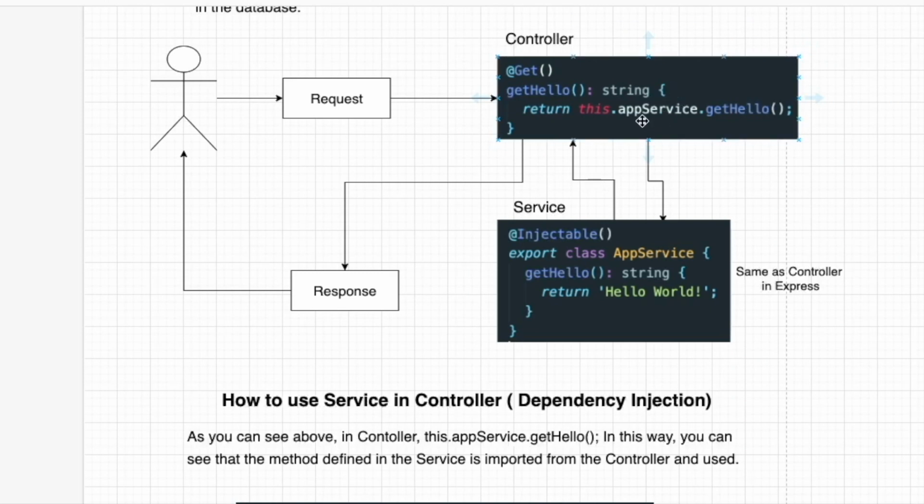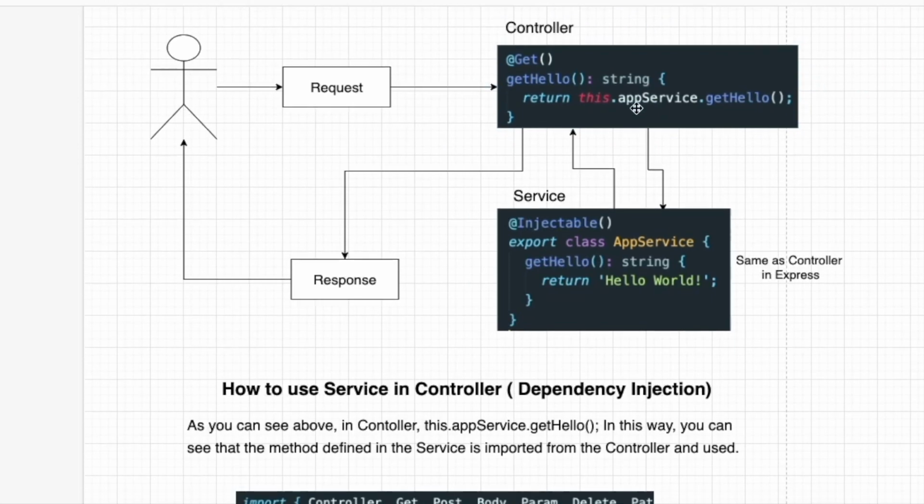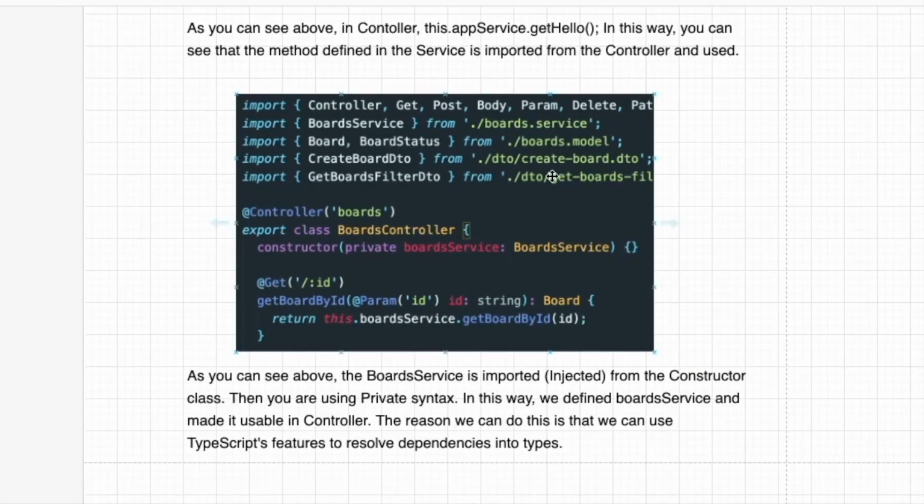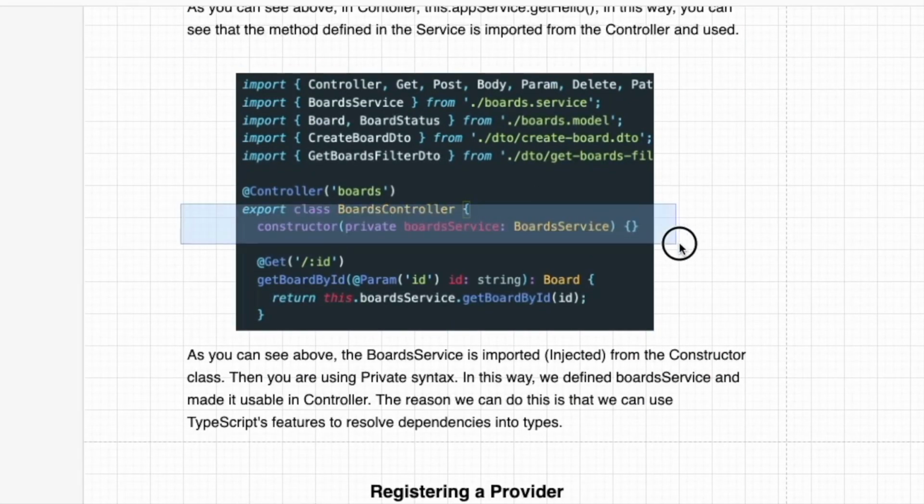What we actually did here is bring this get hello method, defined inside this app service, into this controller. But how can we use this get hello method that is in the app service in this controller? Without doing anything, we cannot do that. So we actually need to do the dependency injection that is in this part.